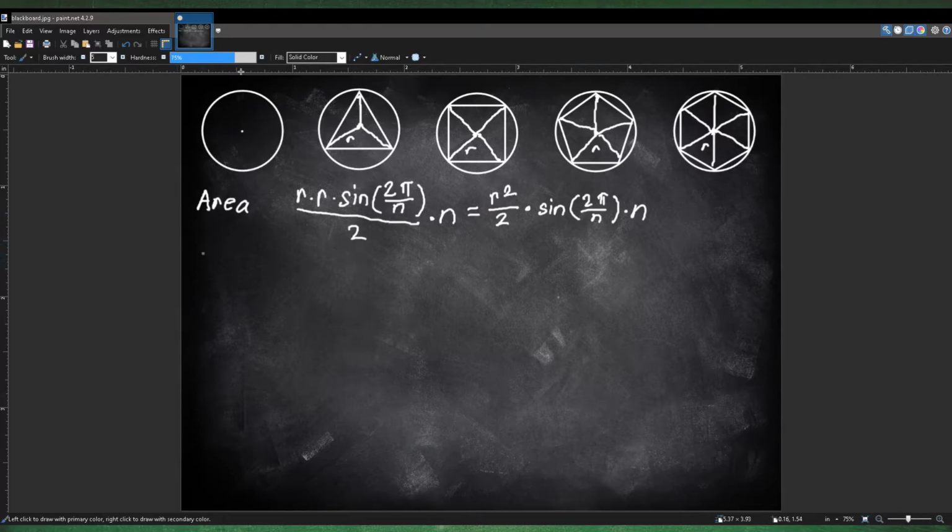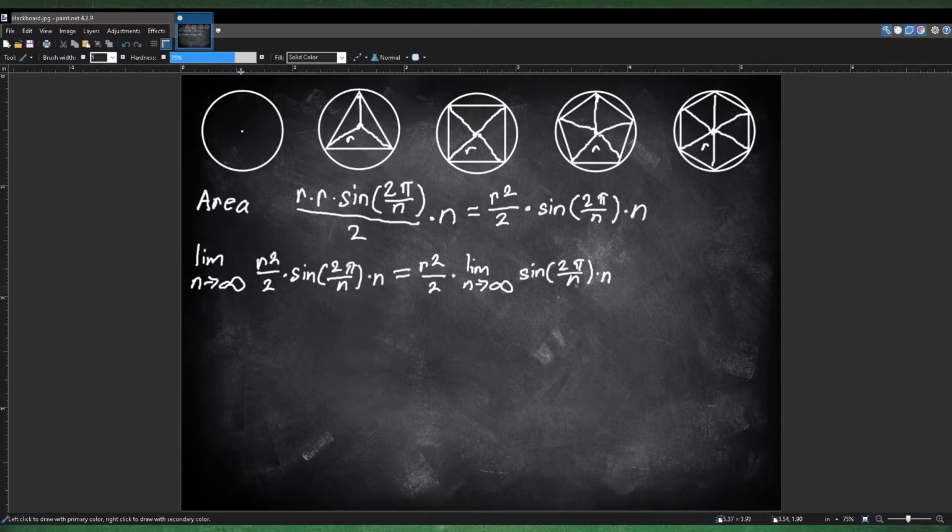So we can use a limit. As n approaches infinity, we have r squared over 2 times sine of 2 pi over n times n. Since r squared over 2 is a constant, we can write that outside: r squared over 2 times the limit as n approaches infinity of sine of 2 pi over n times n.